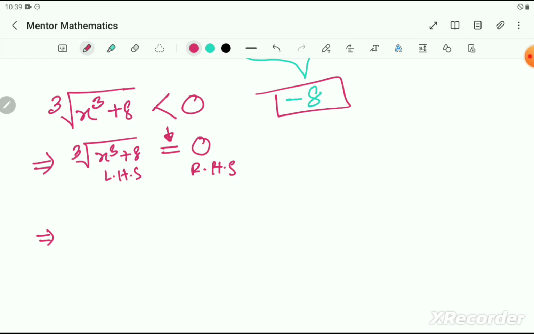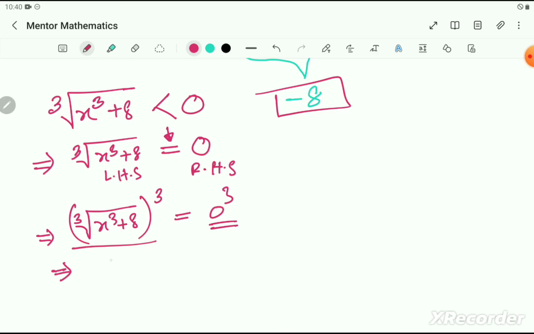So in this particular problem, take a look here. A cube root, whose base is 3. So we can simply opt out by cubing the value on both sides. So this term becomes 0 and these terms become x cube plus 8 equal to 0.